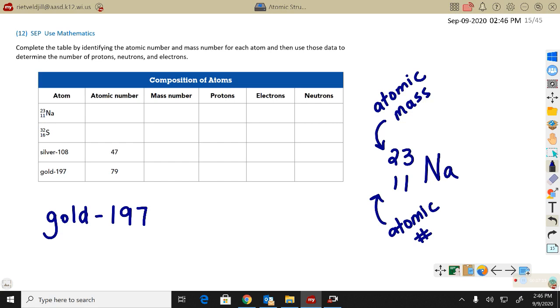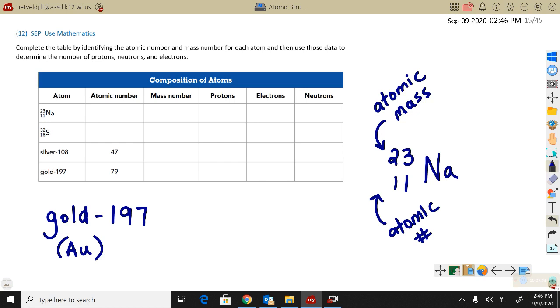It's just kind of funky because I have to know that gold's symbol is Au, kind of a goofy one. But if I look at the periodic table, I do see two numbers in the box. There is a number 79. That's the smaller number in the box. So the 79 is the atomic number.